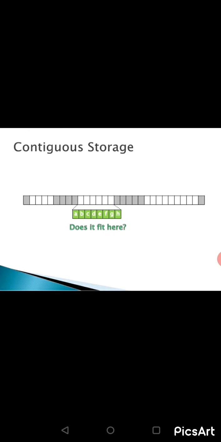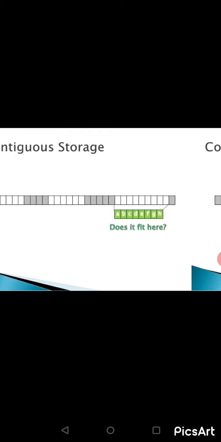Does it fit? No. Does it fit here? No. Yes, it fits here, means continuously fits here. Okay, so this is contiguous storage. In contiguous storage you have to store your files in continuous locations, continuous blocks.